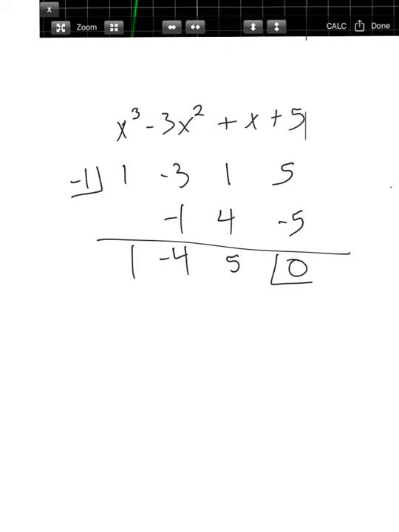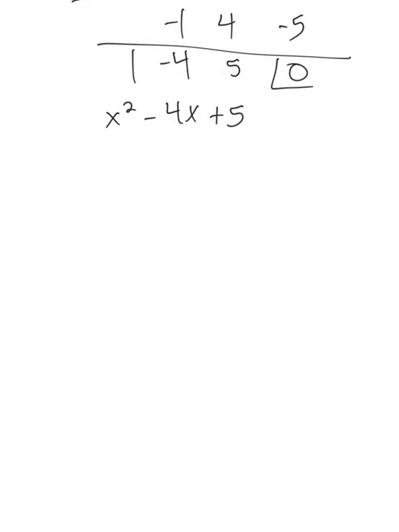And our quadratic from that is x squared minus 4x plus 5. So from that, I'm going to find the other imaginary zeros using the quadratic formula. Remember, -b plus or minus the square root of b squared minus 4ac over 2a, right?